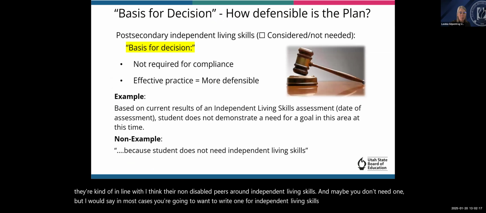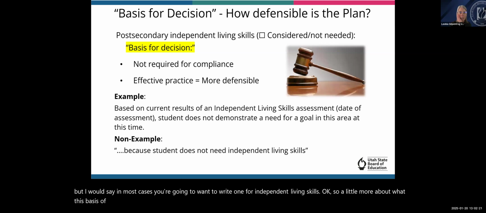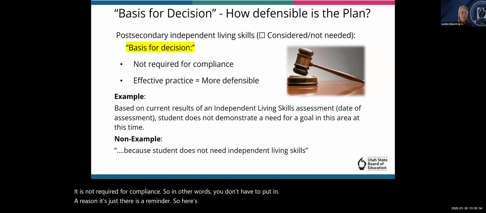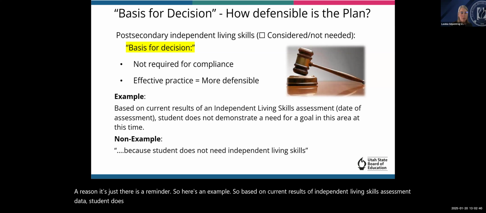Okay, so a little more about what this basis of decision part is on the IEP. It is not required for compliance. So in other words, you don't have to put in a reason. It's just a reminder. So here's an example: based on current results of independent living skills assessment data, student does not demonstrate a need for goal.